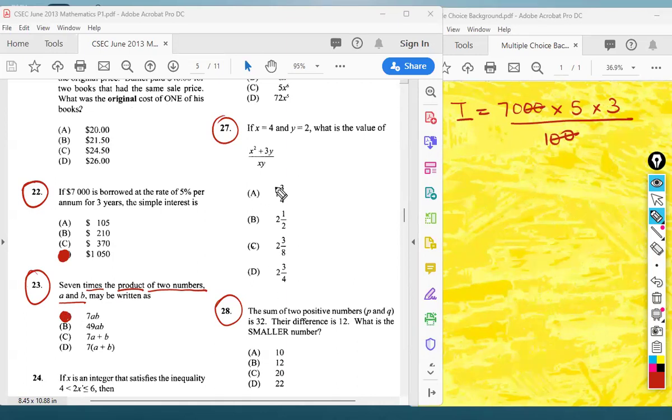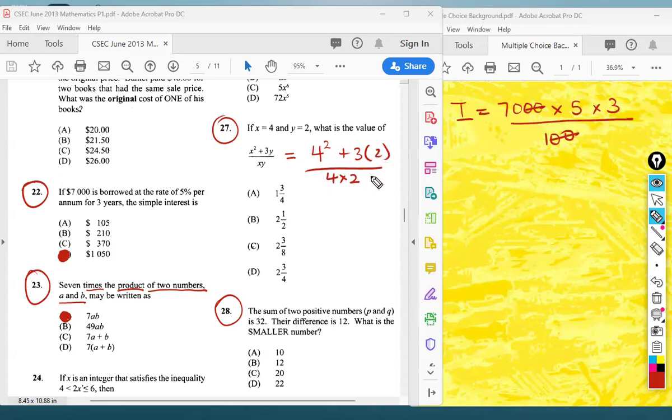All right, great. So number 27, they're just asking you to replace X with 4 and Y with 2. Replace this x with 4, so it's 4 squared plus 3. Replace this y with 2. And then it's x multiplied by y, 4 by 2.